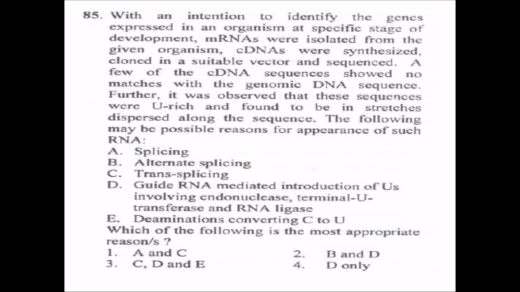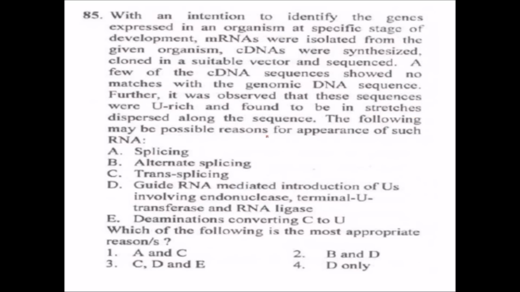Next question is, with an intention to identify the genes expressed in an organism at a specific stage of development, messenger RNA were isolated from the given organism, cDNAs were synthesized, cloned in a suitable vector and sequenced. A few of the cDNA sequences showed no matches with the genomic DNA sequence. Further, it was observed that these sequences were U-rich and found to be in stretches dispersed along the sequence.